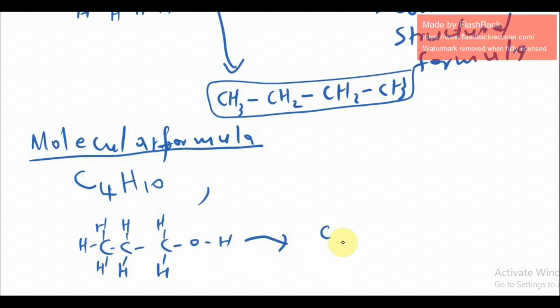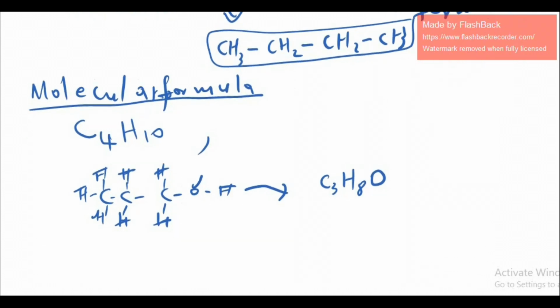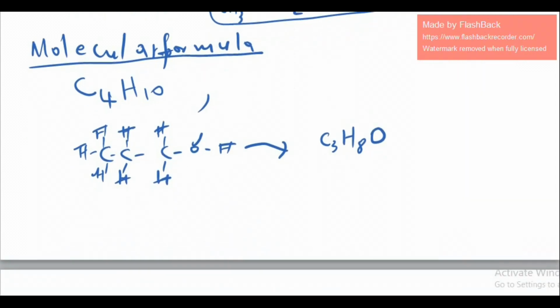I have 3 carbon atoms here. How many hydrogen atoms? 1, 2, 3, 4, 5, 6, 7, 8. I have 8 hydrogen atoms and also 1 oxygen atom. This is the molecular formula.